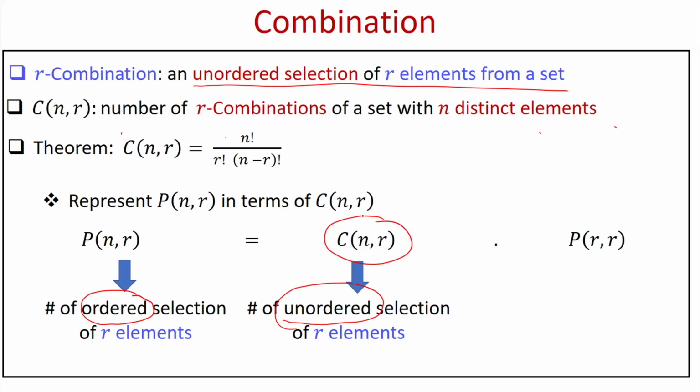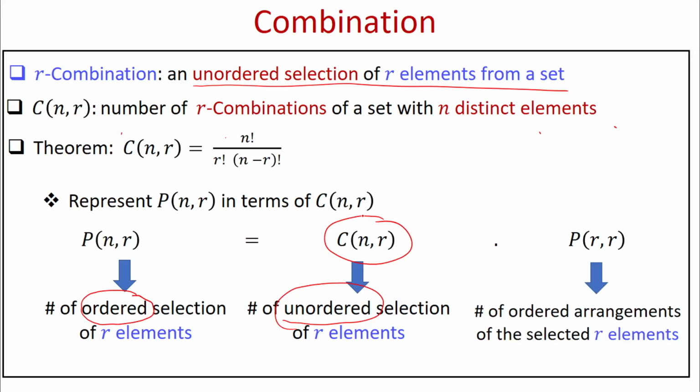Once you have decided which r elements you are going to put in your permutation, the number of ordered arrangements of those selected r elements, multiplied with the number of unordered selections of r elements, will give you the total number of ordered selections of r elements.